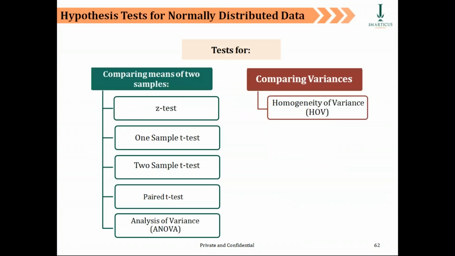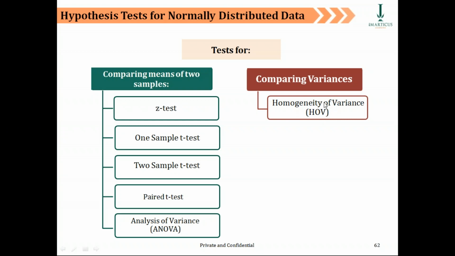Now it says hypothesis testing for normal distribution. So we have the Z test, the one-sample t-test, two-sample t-test, paired t-test, and ANOVA. And this is homogeneity of variance, the Levene test, or we call it the F test as well.